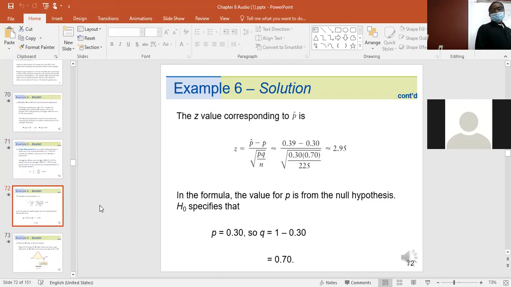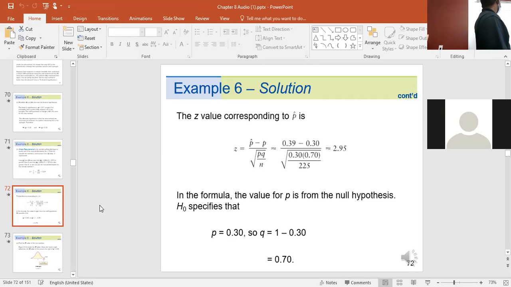So this gives us 2.95. At this point, I want you to use your calculator. You don't need to do this operation this way on the exam. You will use your calculator and it will give you the test value.